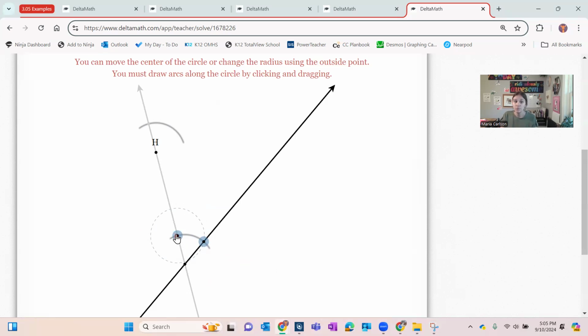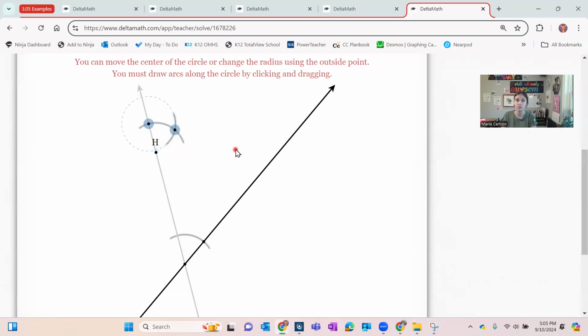And I will move the center up to the arc intersection point of that new point, right? So up at point H, there should be that new arc up top. I want to drag the center up to the intersection near H. And I will click and drag to draw an arc that intersects the arc that's already there.